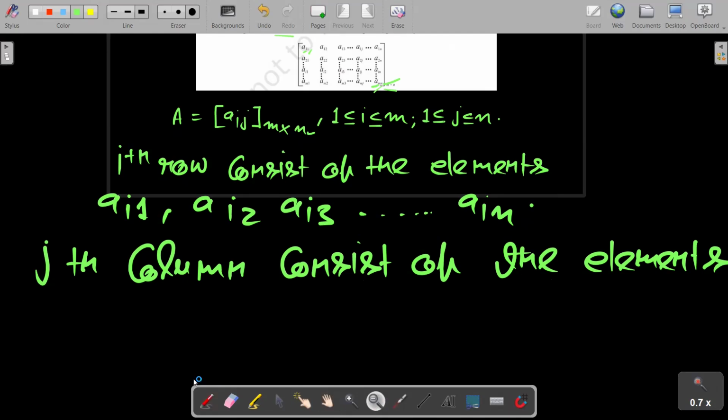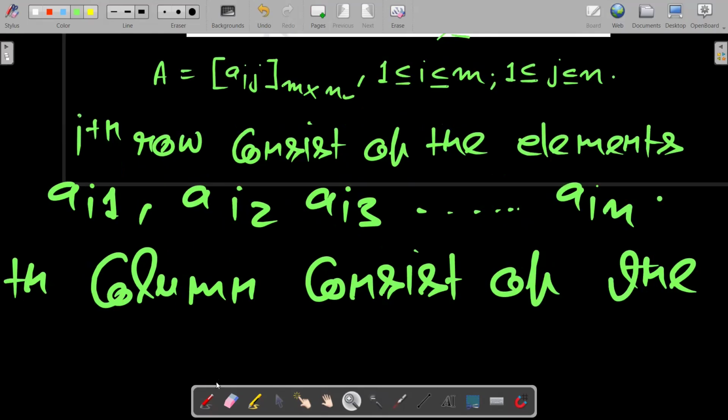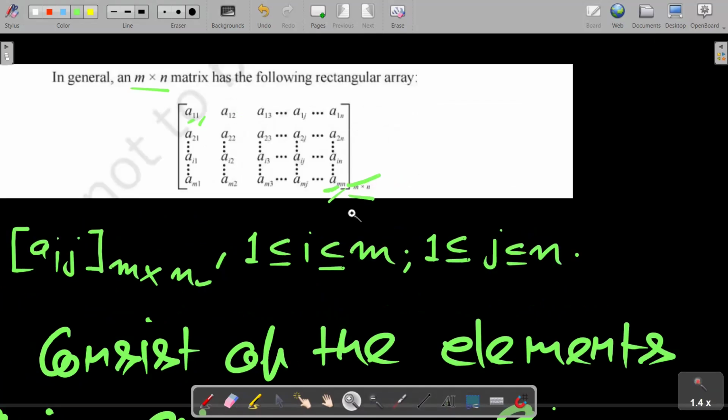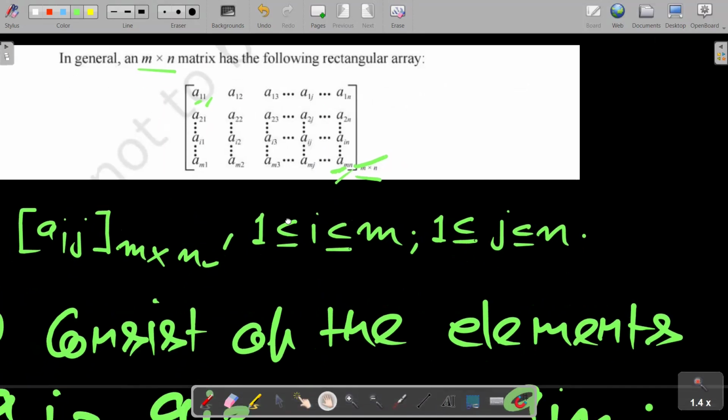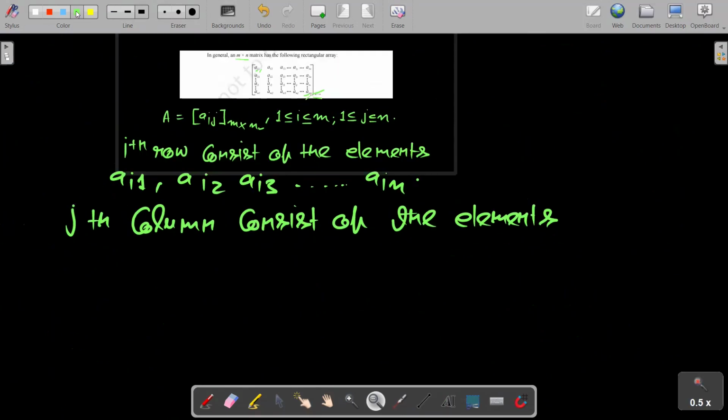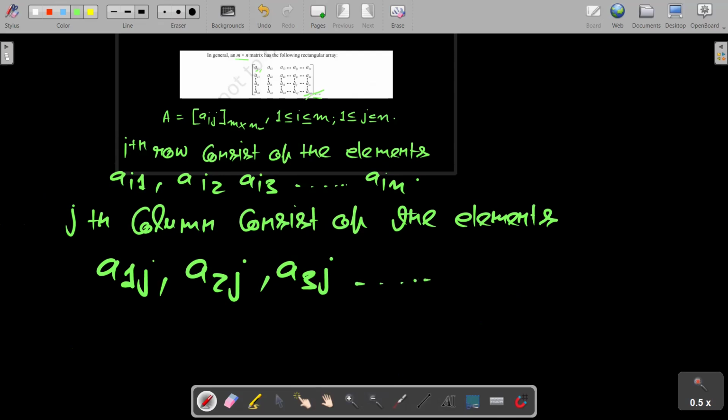Just see, if you will see here, jth column, this is jth. So jth column consists of the elements A1j, A2j to Amj. So now we will write this. Jth column consists of the elements A1j, A2j, A3j to Amj.